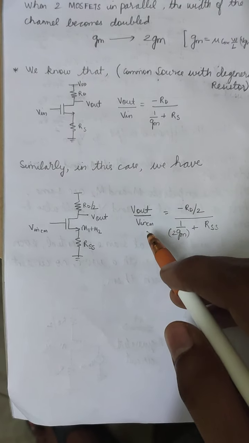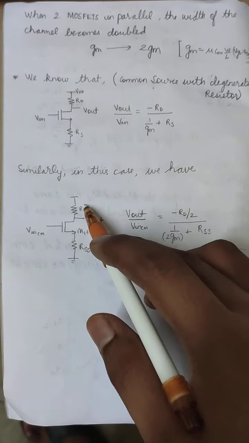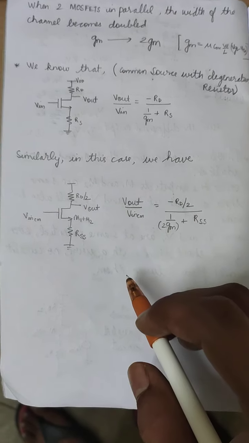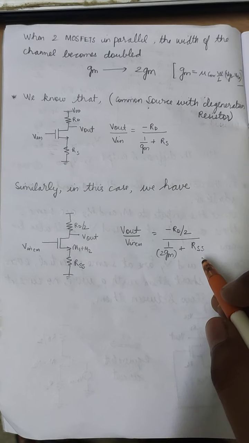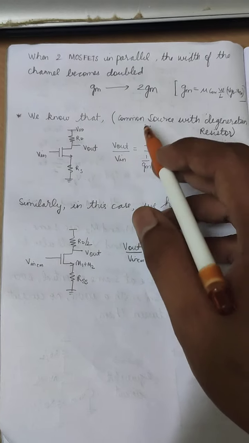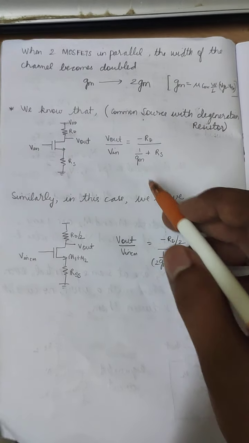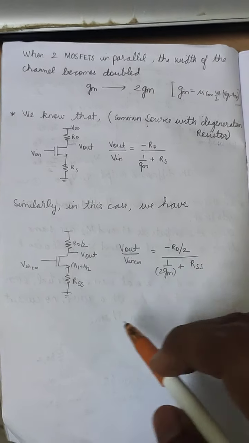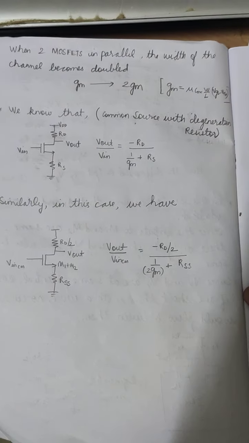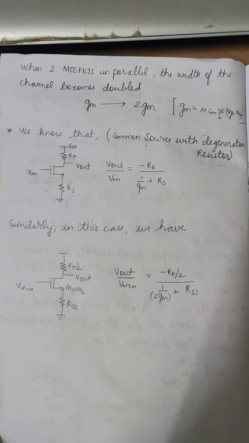So Vout by Vin will be equal to, again, the drain resistance, which is RD by 2 in this case, and the source resistance is RSS, but the equivalent transconductance, as I said, got doubled, so it is 2 gm instead of gm. So this is how we calculate the gain for a common mode response.